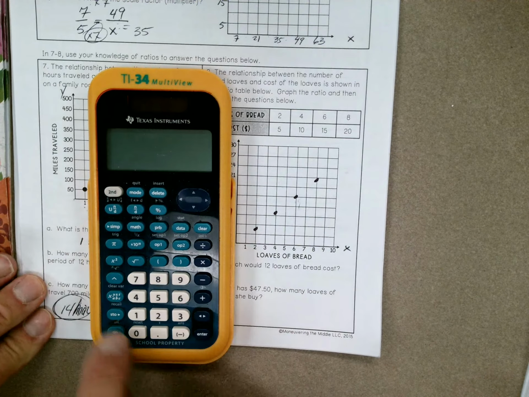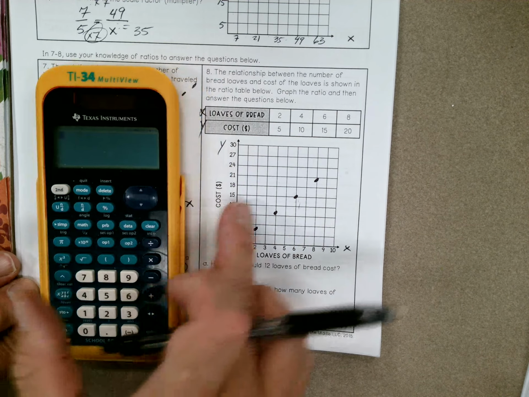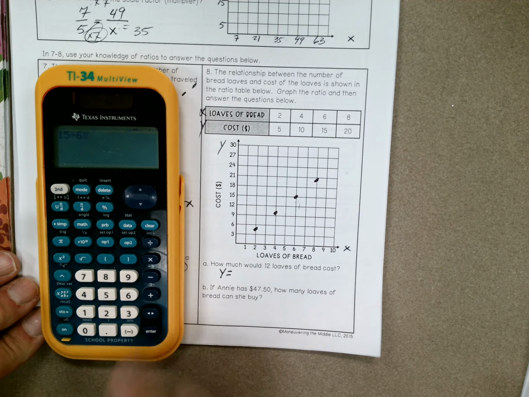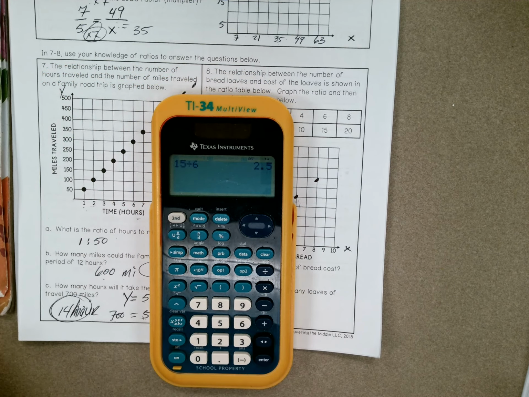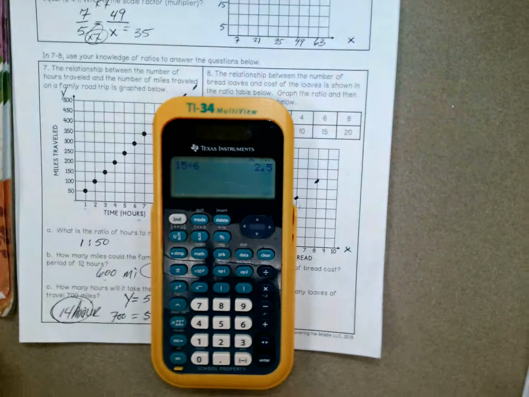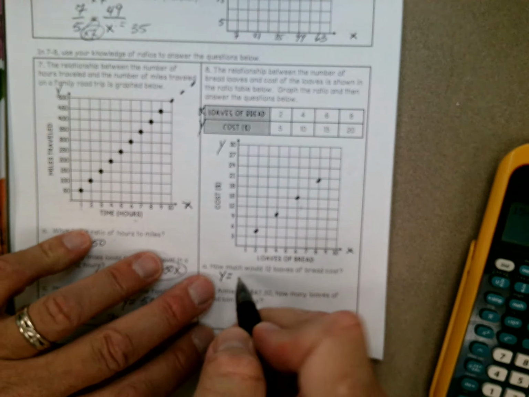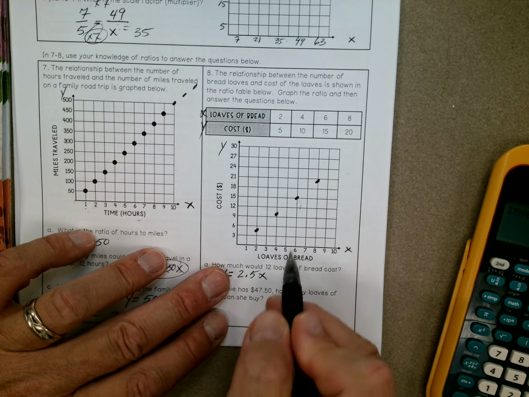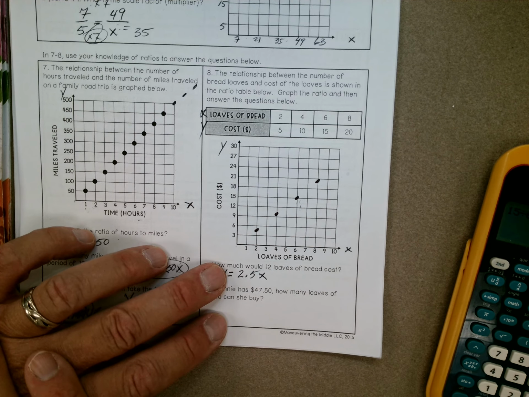I would take 15, have a clean number, and divide it by 6. So 15 divided by 6 is 2.5. What does that tell us? Well, it tells us that y will equal 2.5x. So 2.5 times any of these numbers will give us the other value.